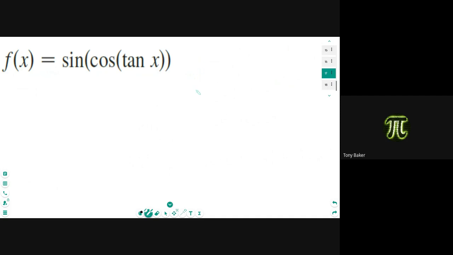If I make u tangent of x, what would u prime be? Secant of x. Oh yeah, that's right, it's secant squared of x. I have not memorized all these. I look them up almost every time.